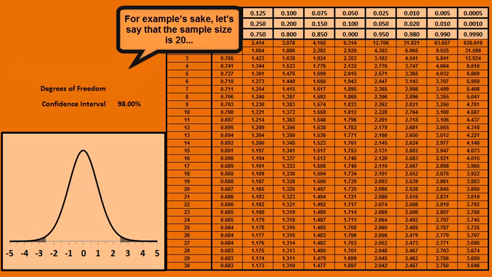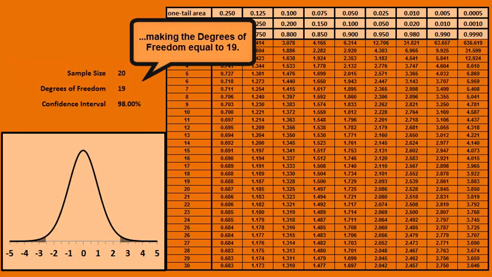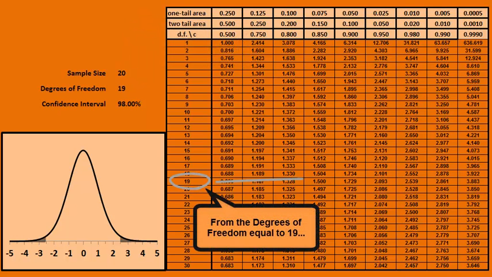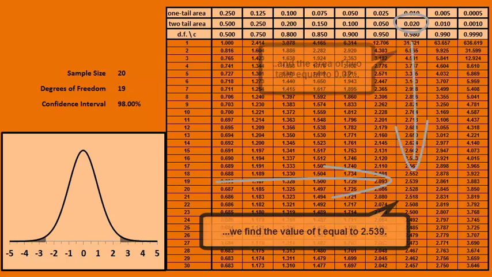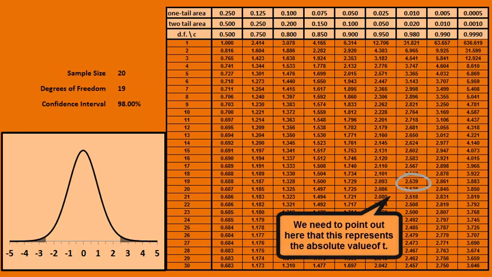For example's sake, let's say that the sample size is 20, making the degrees of freedom equal to 19. From the degrees of freedom equal to 19 and the area of two tails equal to 0.02, we find the value of t equals 2.539. We need to point out here that this represents the absolute value of t.